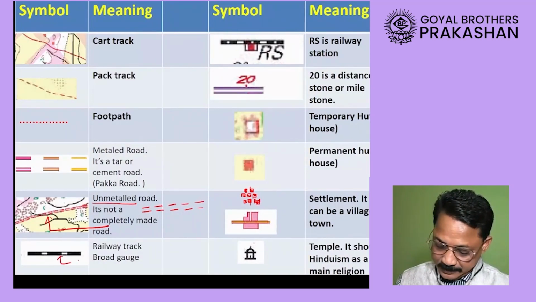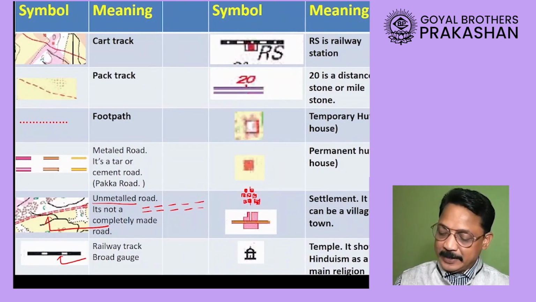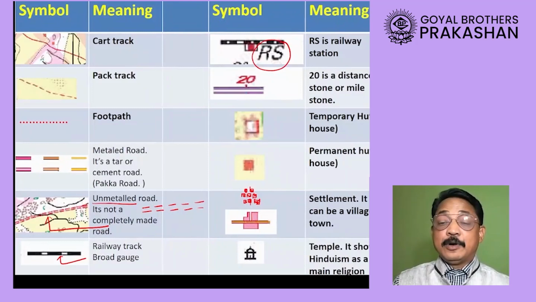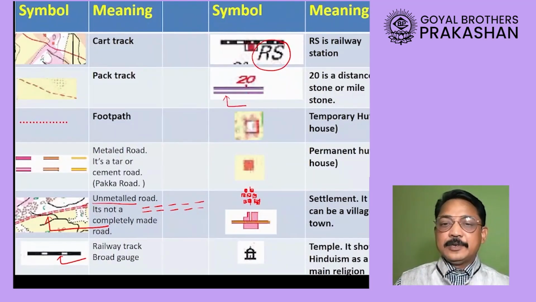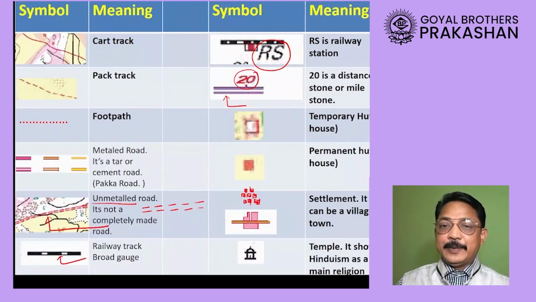This black color symbol you must have identified. It is a railway track, and near the railway track, if it is written RS, that stands for railway station. This is that metal road, dear student, about which I was telling you some time back, the express highway. And here a number is written, 20.